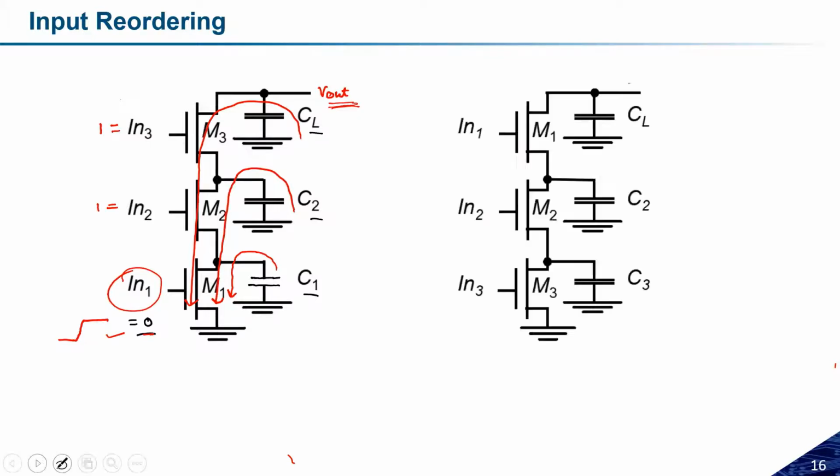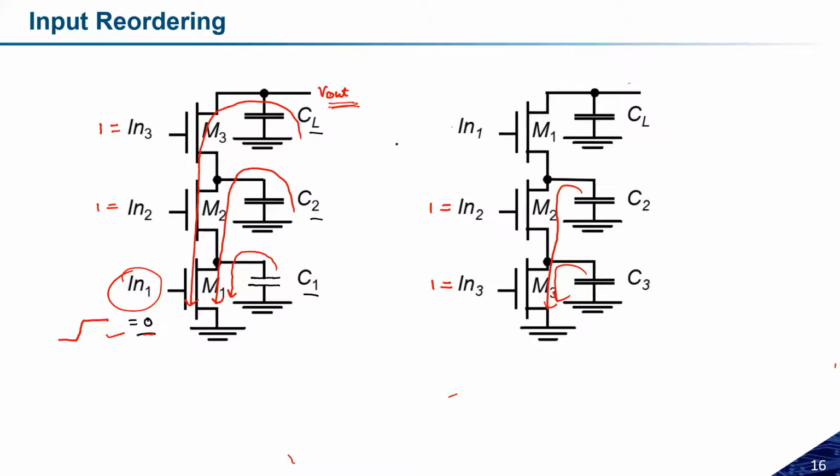Now let us consider another one. I know that this input one is the important input which decides the function. So let us consider the same, but IN3 is 1 and IN2 is 1. If this is 1, this M3 will be in on state, so this capacitor will be discharged. This capacitor is already discharged because these two transistors are in on state.